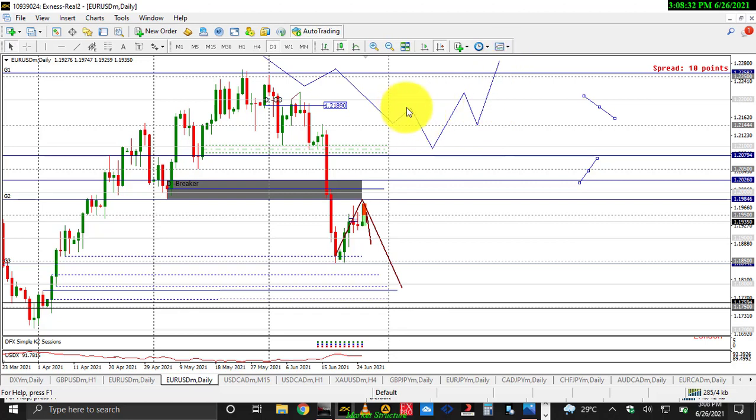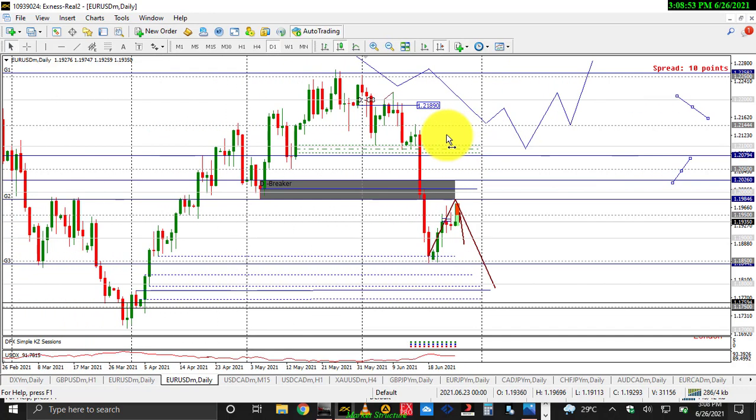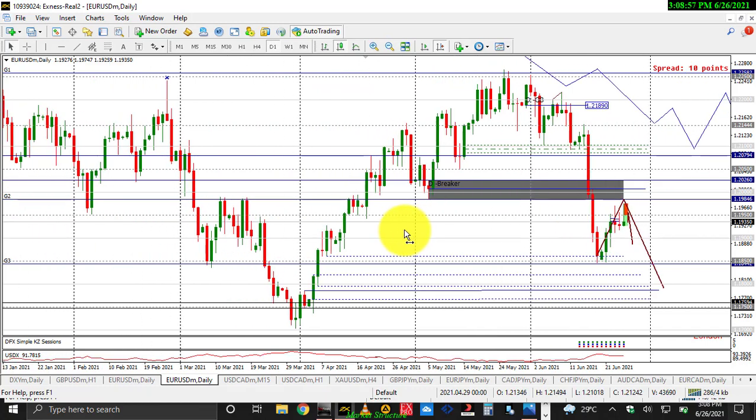Now there can be a situation where price takes out this low, comes and takes out this high, then moves down, takes out this low, then moves up. In that instance, that is a consolidating market, or a sideways market, or a ranging market. You get it here.